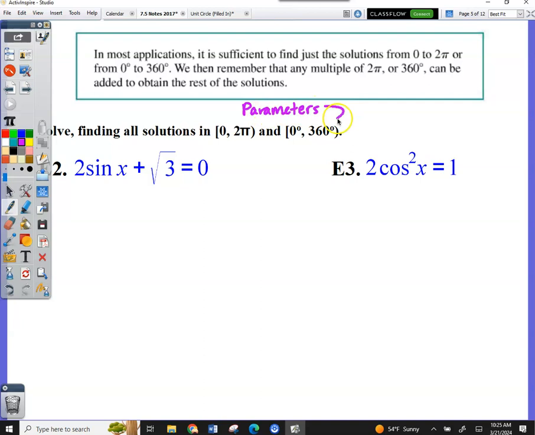When they give you parameters, they're saying that they only want you to look at the unit circle and account for that. It means there is no plus 2 pi k or plus pi k.